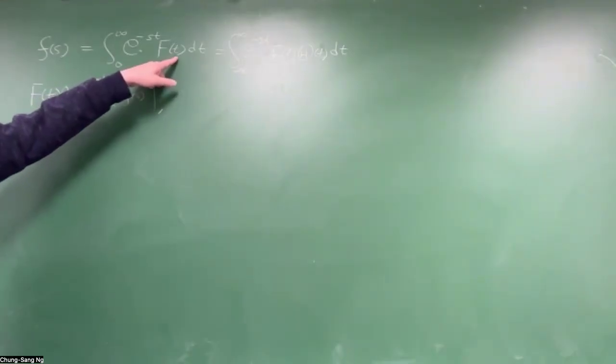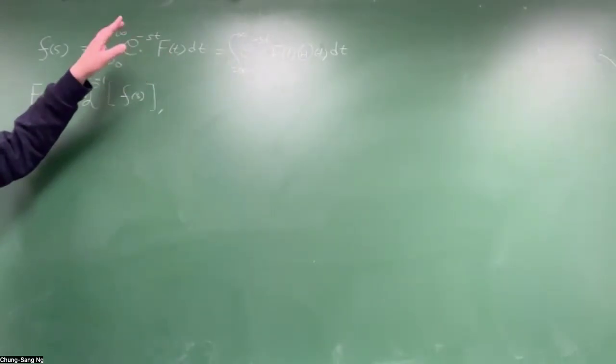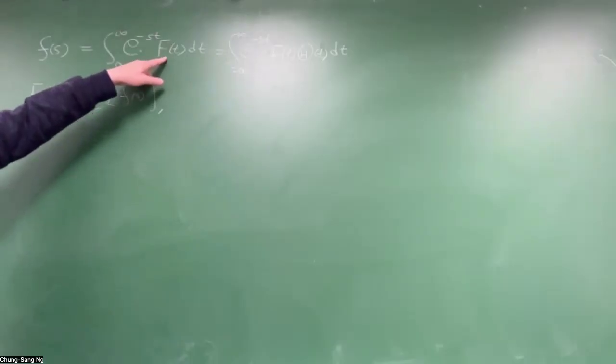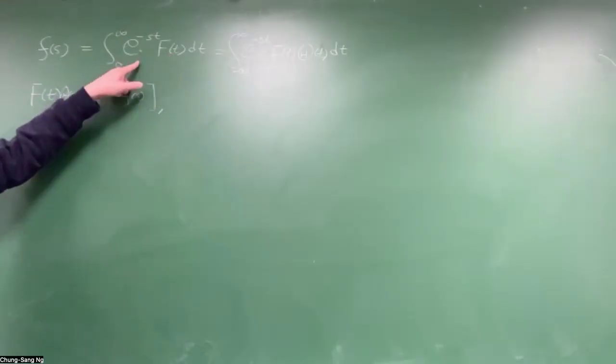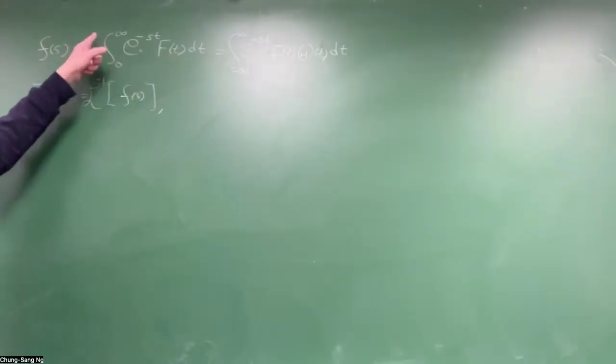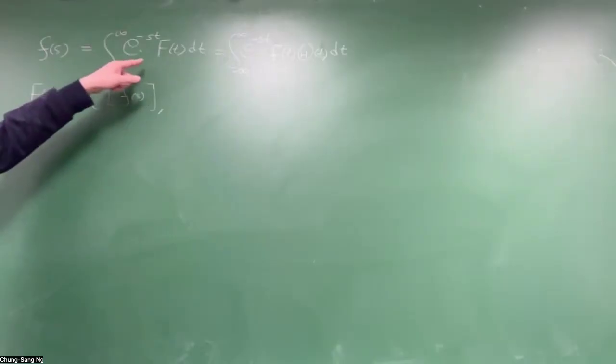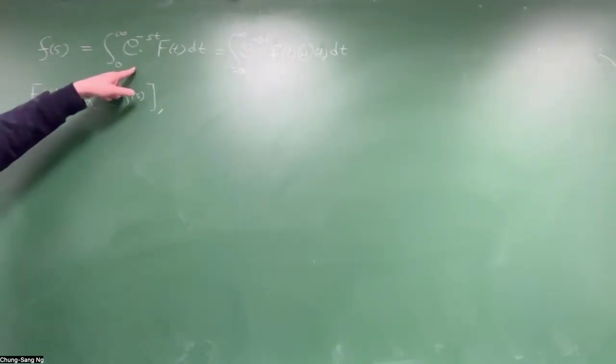That would kill the large t dependency, even if f is not well behaved or doesn't go to zero fast enough. You multiply by the exponential function and make it go to zero fast enough, so you can still define your integral and get the Laplace transform out.